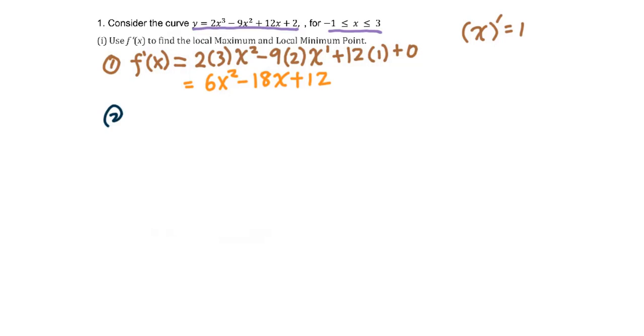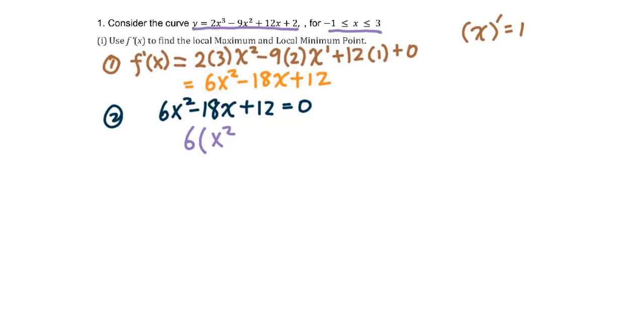Then the second step, you need to set this derivative equal to 0. So 6x squared minus 18x plus 12 equals 0. You can solve this with a graphing calculator or by factoring. I take 6 as a common factor.